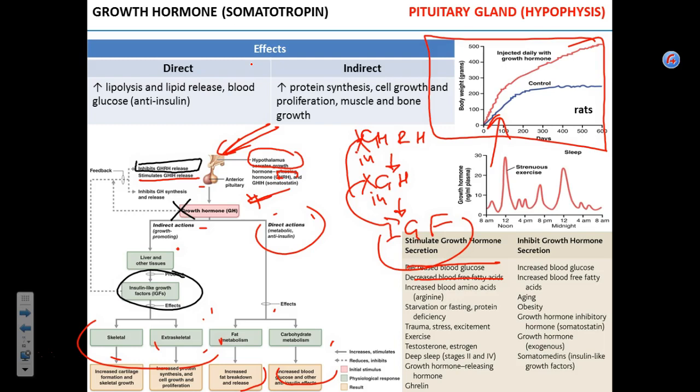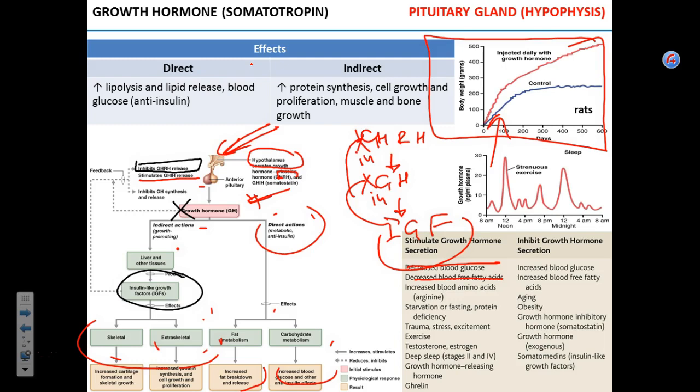One of the indirect effects of growth hormone is protein synthesis. What are proteins made of? Amino acids. In order to make proteins, do you have to have a lot of amino acids or little? Probably a lot.